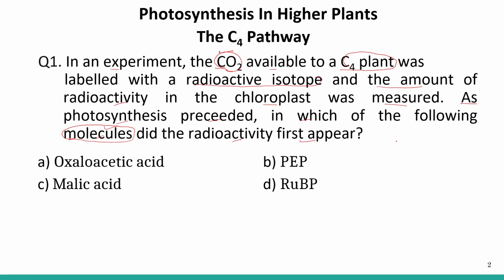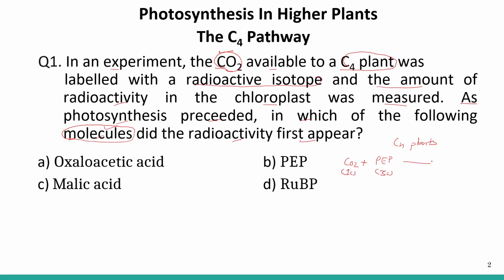In C4 plants, what happens? Carbon dioxide is accepted by phosphoenol pyruvate, which is a 3-carbon compound. Carbon dioxide contains 1 carbon.